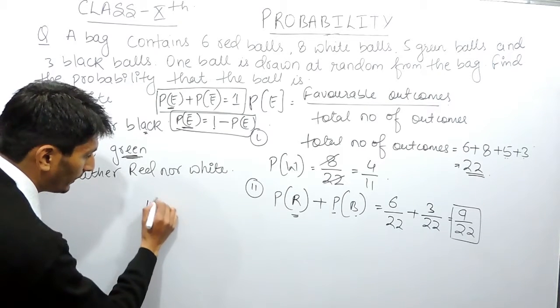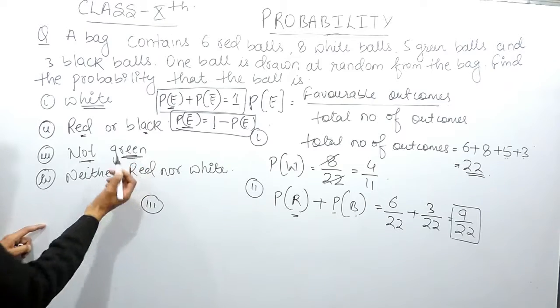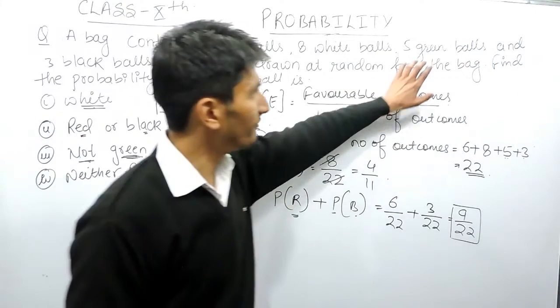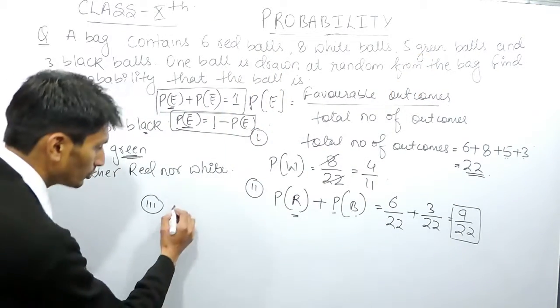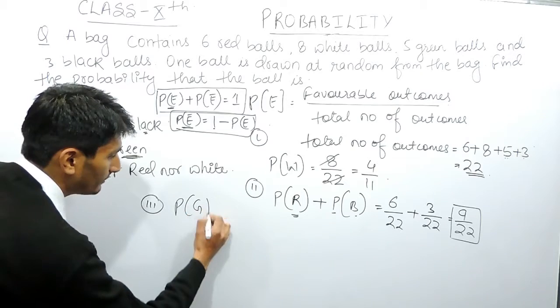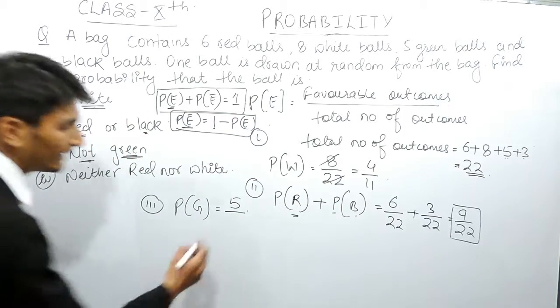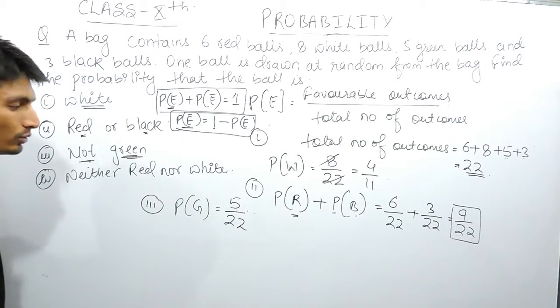So for the third part, first of all finding for green. For a green ball, there are 5 favorable outcomes. So the probability of a green ball coming will be equal to the favorable number of outcomes, 5, and the total number of outcomes, 22.